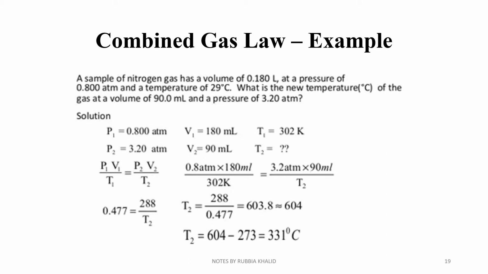Let's look at the example of combined gas law. A sample of nitrogen gas has a volume of 0.180 liters at a pressure of 0.800 atm and a temperature of 29 degrees Celsius. What is the new temperature of the gas at a volume of 90.0 ml and a pressure of 3.20 atm?